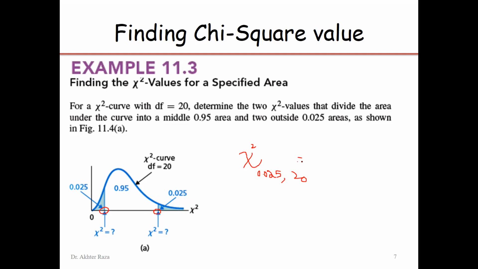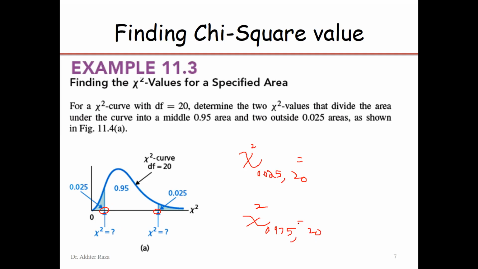This number can directly be obtained from the chi-square table, but the number on the left side is written as chi-square. Instead of 0.025, I have to write down 0.975 with the degrees of freedom 20.